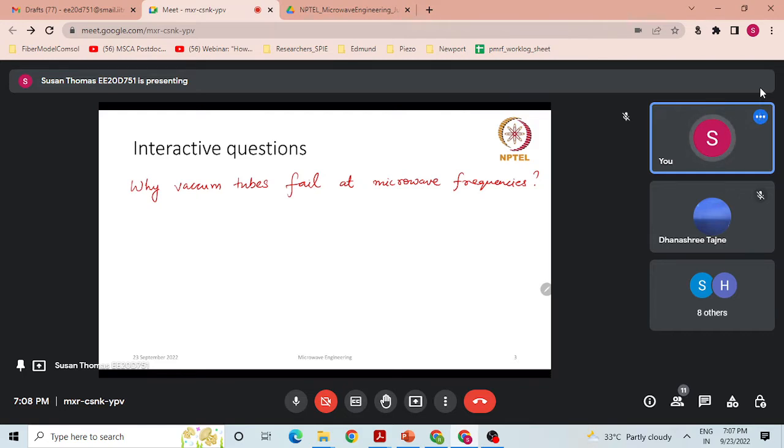So let me just tell you the very fundamental reason, the very first reason. Yes, as you said, lead inductance. I got a response: lead inductance and also inter-electrode capacitance. This is one of the major reasons.